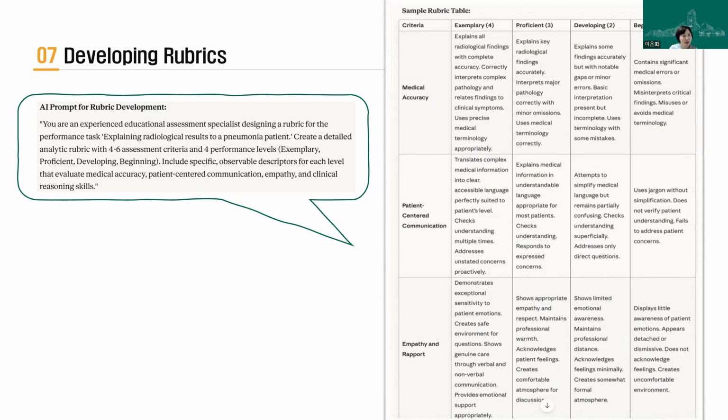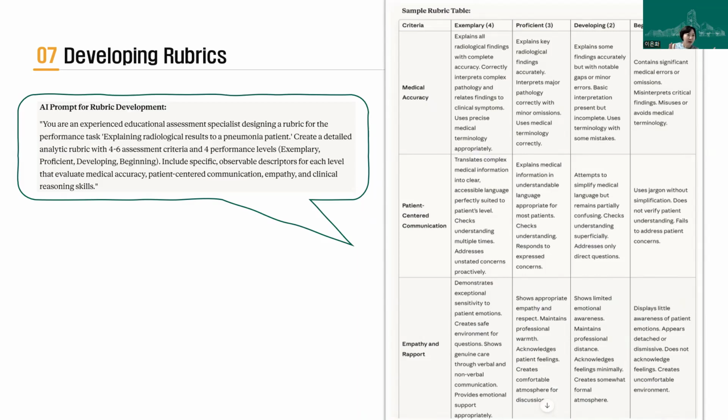And the AI generates a complete rubric table with criteria. Key advantages: first, it saves time in initial drafting, provides a comprehensive starting point, and generates consistent professional language.